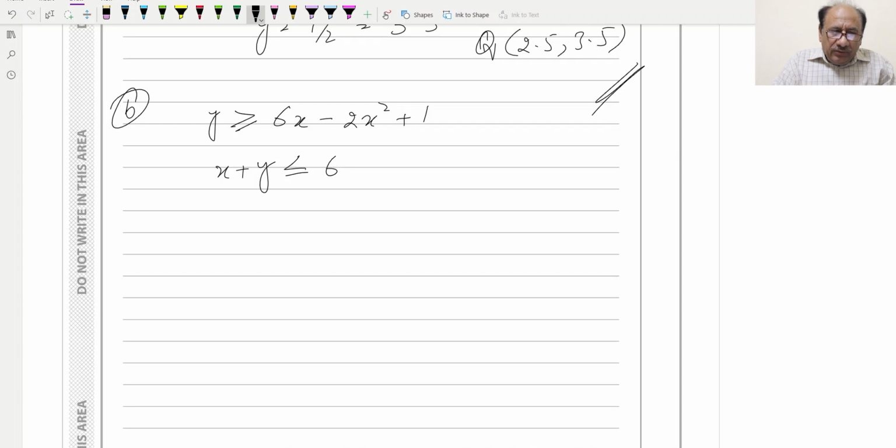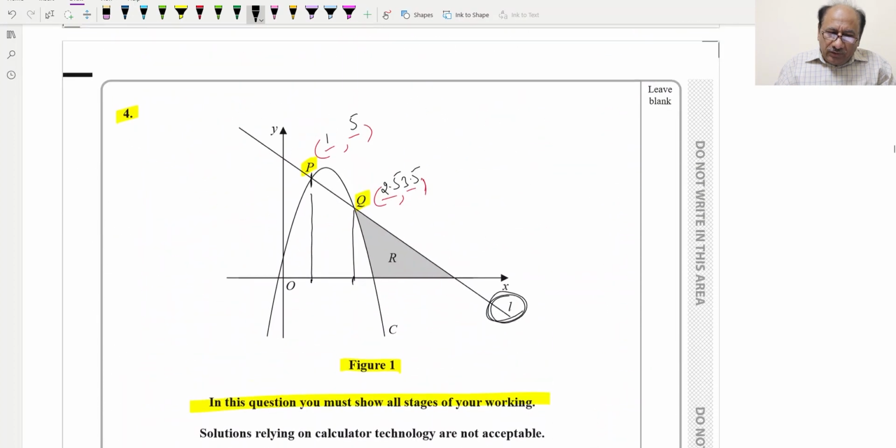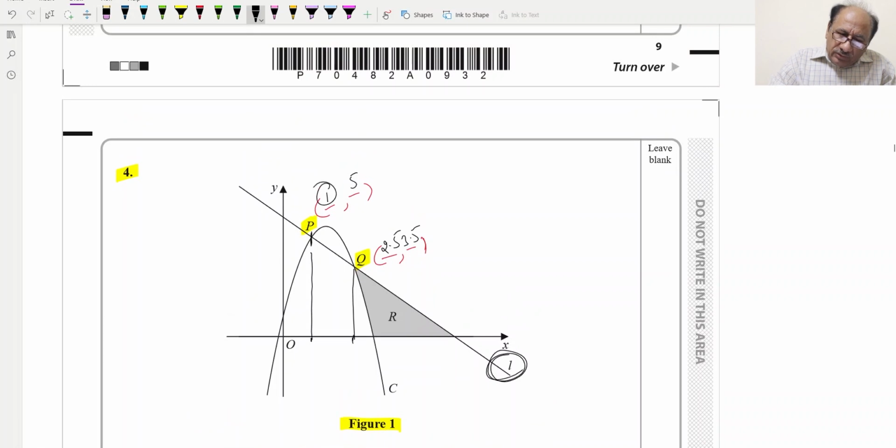So from here we can write, x value should be in between what? It should be in between 1 and 2.5, and y value should be between 0 and 3.5.